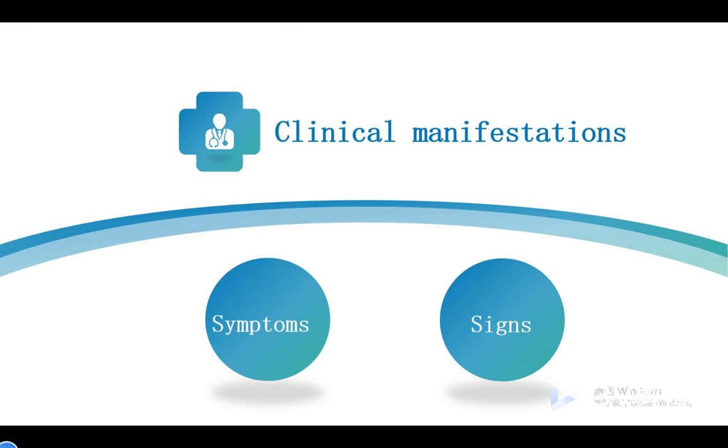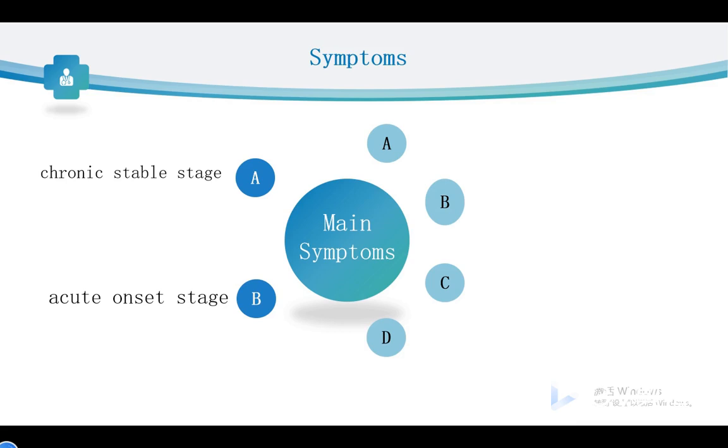Now, let's move to the clinical manifestations. Firstly, let's move to the symptoms. The symptoms of the asthma patient is different in the chronic stable stage and acute onset stage.